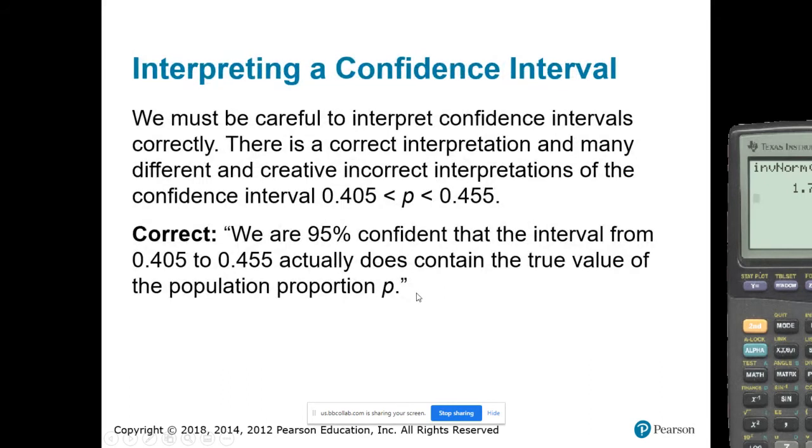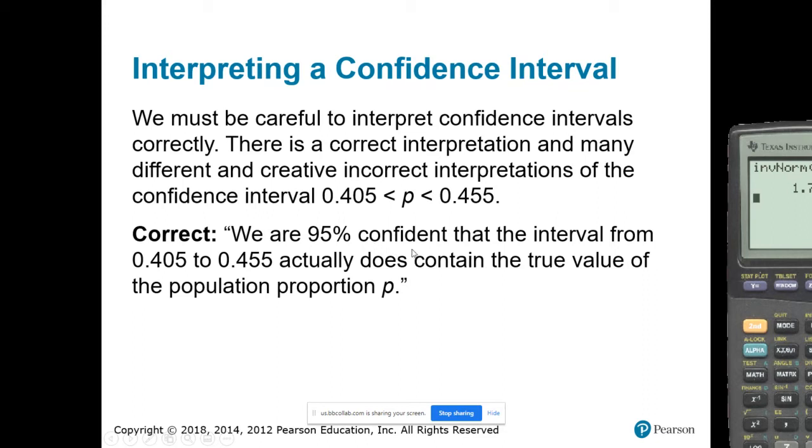You can also interpret confidence intervals, but you want to be careful. For example, if our confidence interval is 0.405 to 0.455, here is the correct way to interpret that. We're 95% confident, where the confidence level was 95%, so you're able to use the Z critical value for the 95% confidence level.